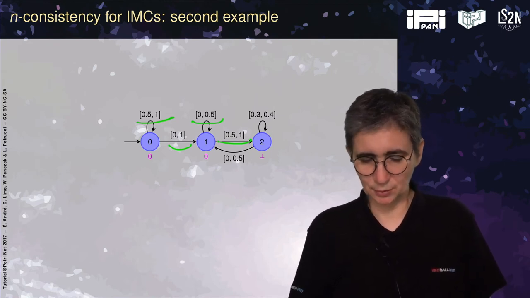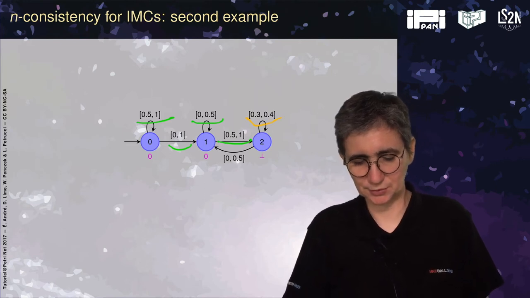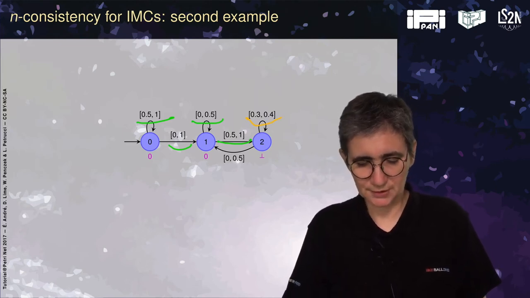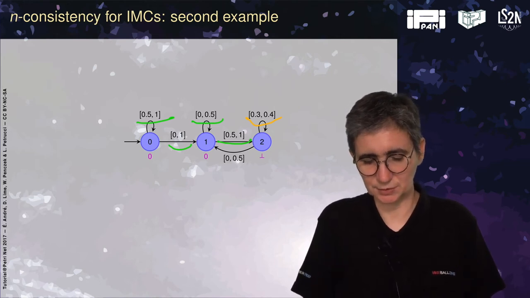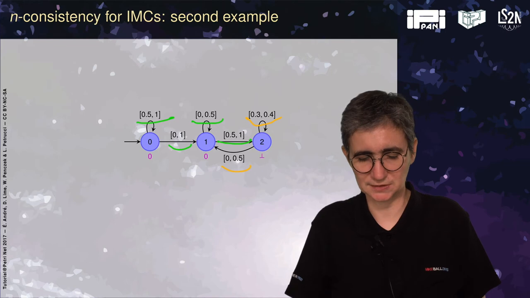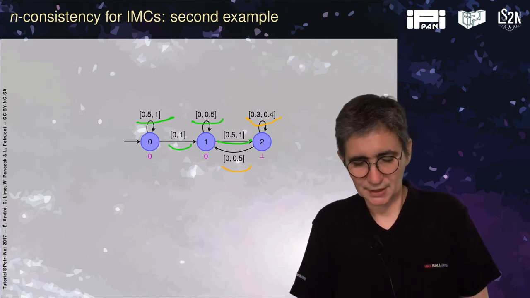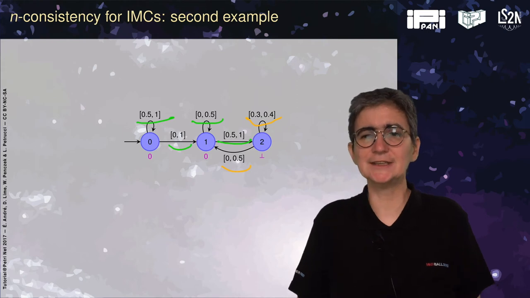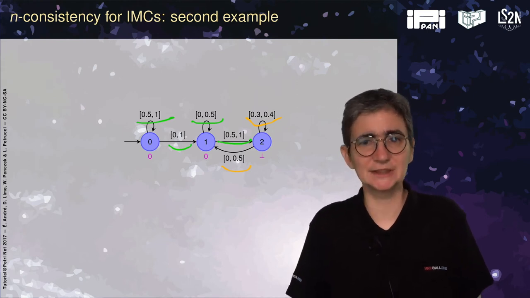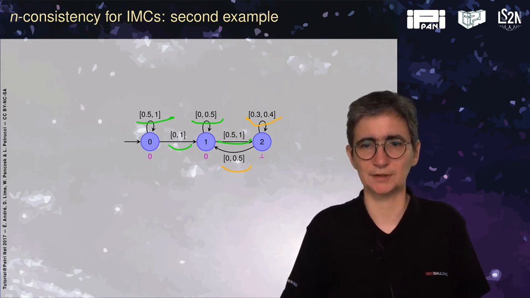Now state 2. State 2 can loop with a probability between 0.3 and 0.4, or we can exit state 2 and go to state 1 with a probability between 0 and 0.5. We can see that here we cannot find any probability distribution that adds up to 1.